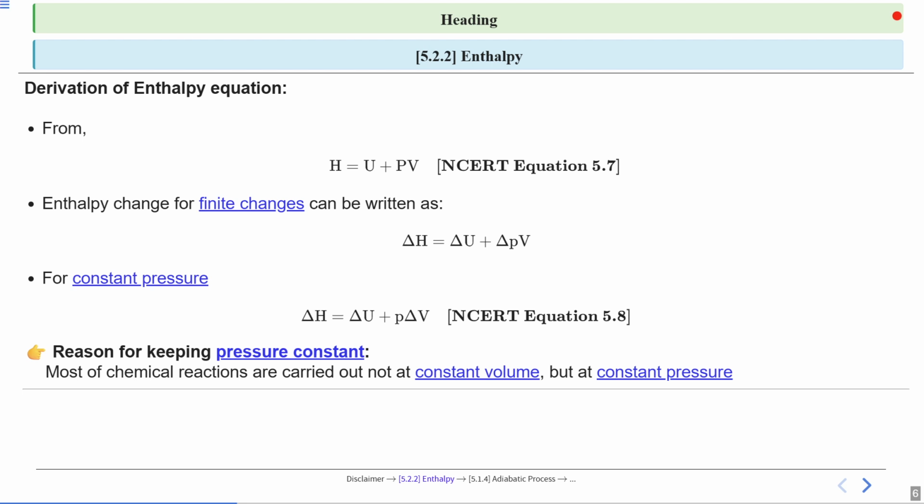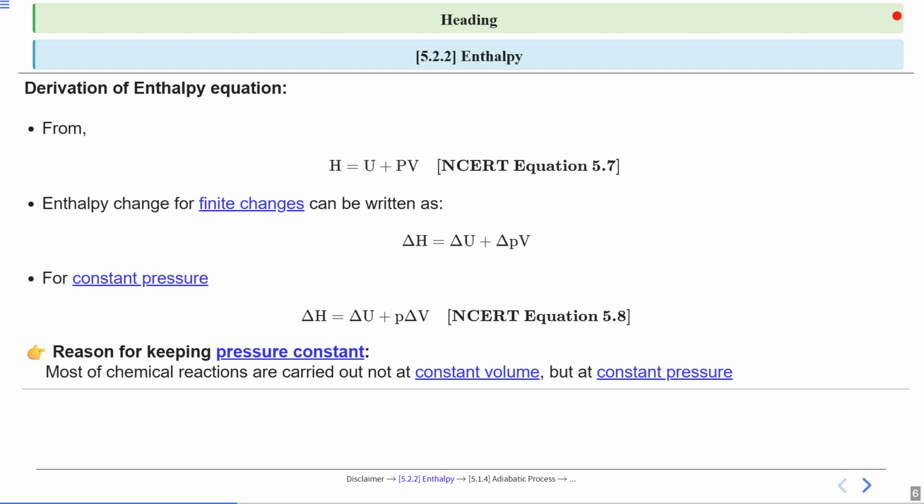Therefore, the pressure is not changed, or it is constant. Yes, the volume will of course change. If there is a release of gas, that volume will result in an abrupt change, but your pressure, which is around the beaker in which you are doing the reaction, will not change. Therefore, it is a very good idea to keep the pressure constant, and this will also simplify your condition.